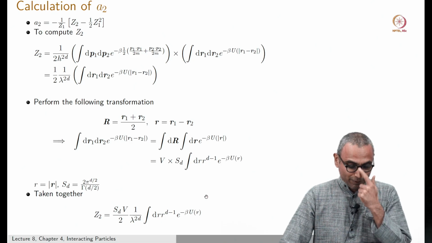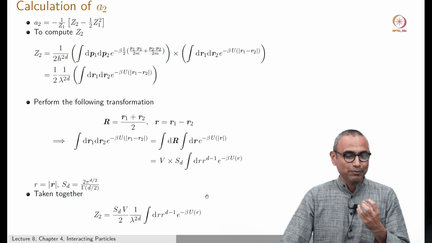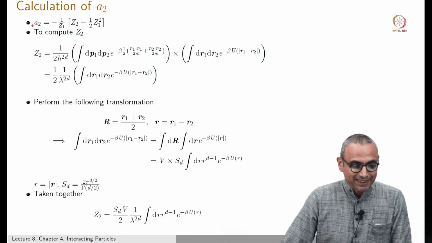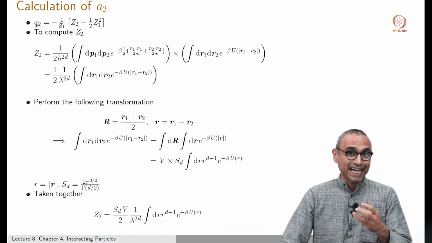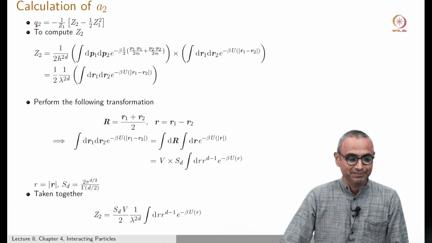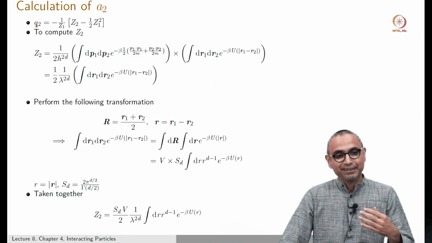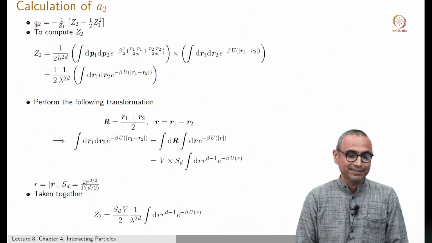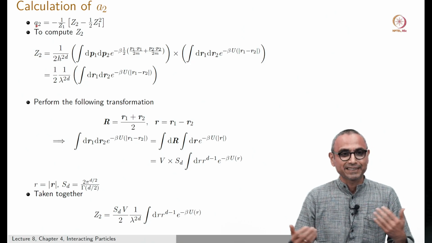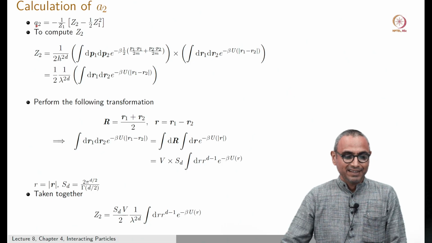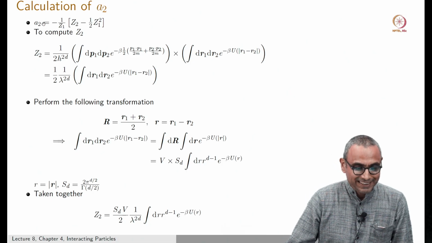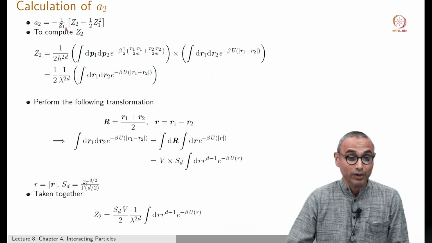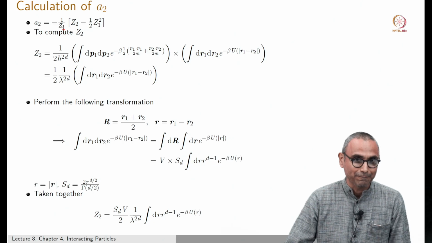Okay. So, before you try to do this calculation, let us see what we are up for. Remember that A2 has to be a dimensionless number, and even if you take the thermodynamic limit, so say you take V going to infinity, it should remain some finite dimensionless number. Now, we know this is a ratio of Z2 minus 1 half Z1 squared, divided by Z1.